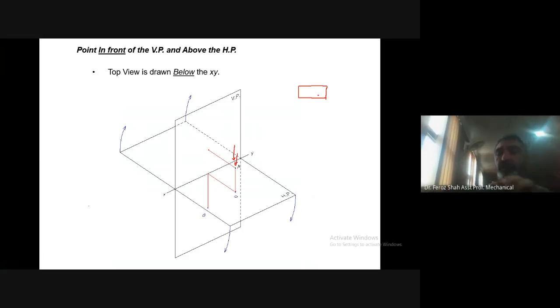So let's say I am holding the duster like this, and this is my front view. This is my front view, and this will be my top view. So I will show this surface in the front view as I've drawn it, and this plane as the top view, and this plane as the side view.